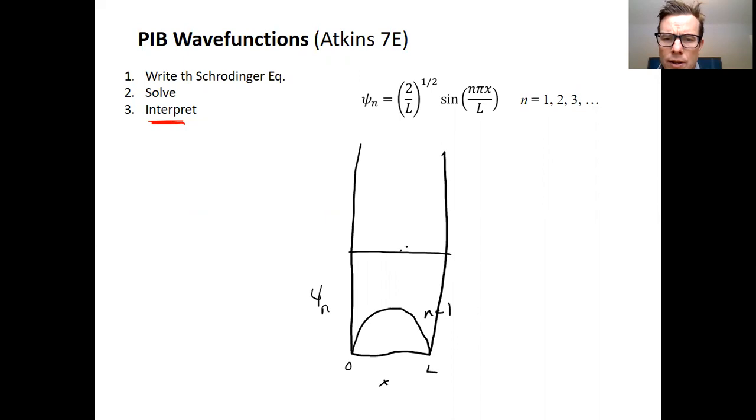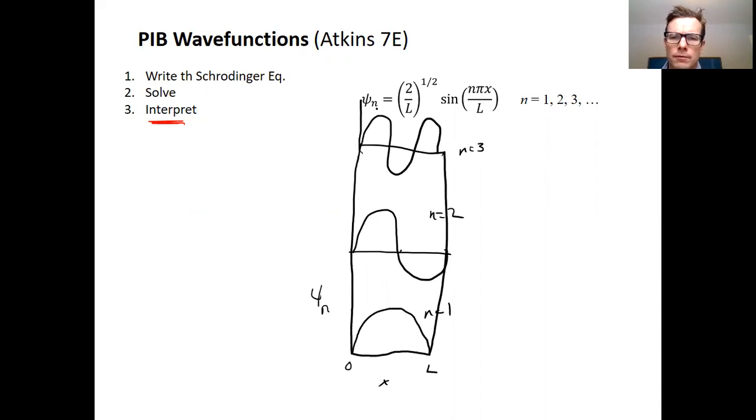It's also 0 in the middle. If n equals 3, you can kind of start to see the pattern. You're going to get a wave function that looks like this. So they're just sine functions, and you should be able to sketch any particle in the box wave function that we identify.